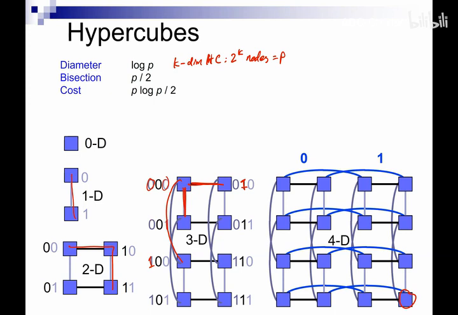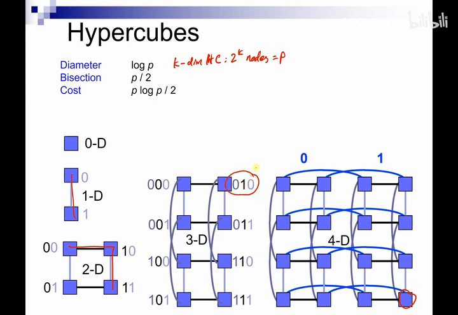In a hypercube, if you have a node with a certain label, what other nodes is it connected to? It's connected to every other node whose label differs in 1 bit from this node.